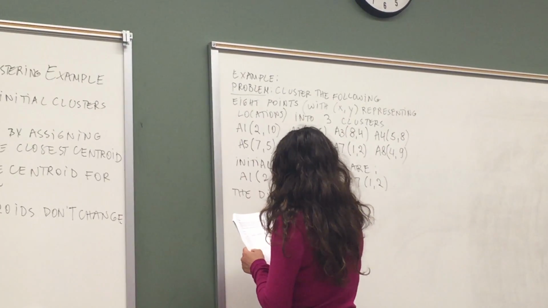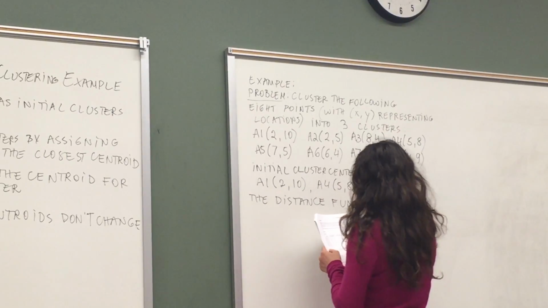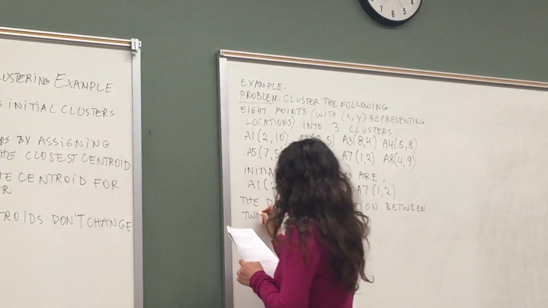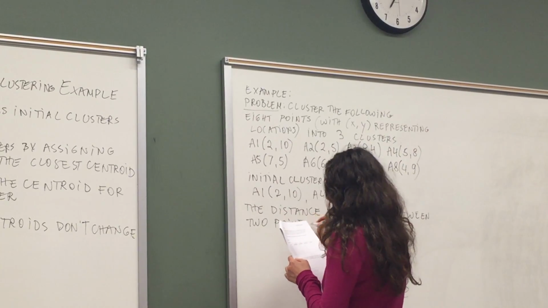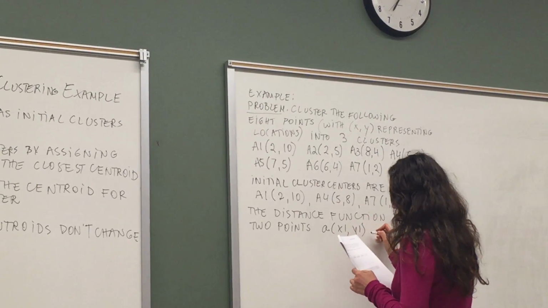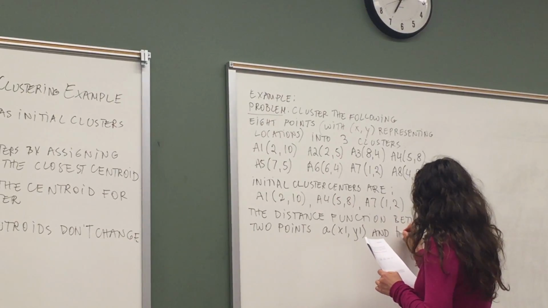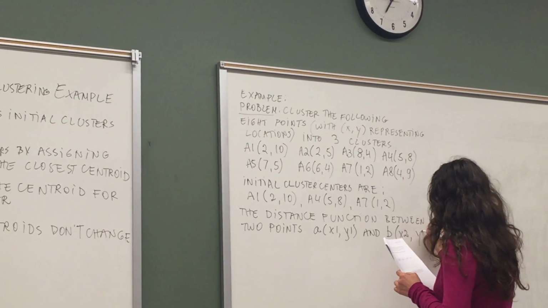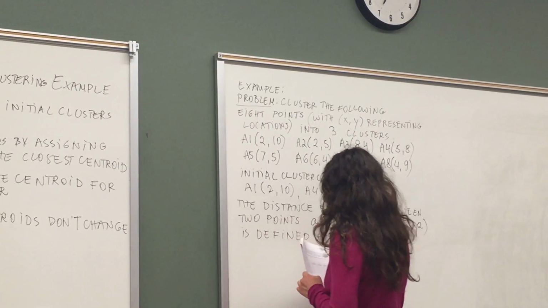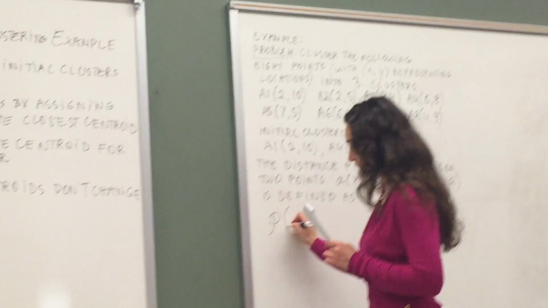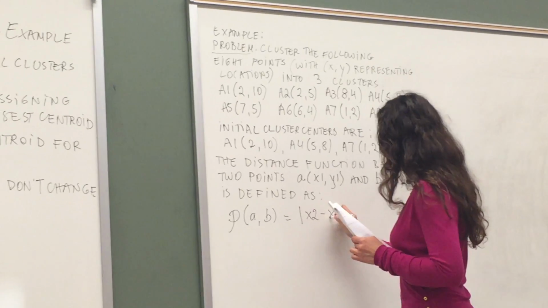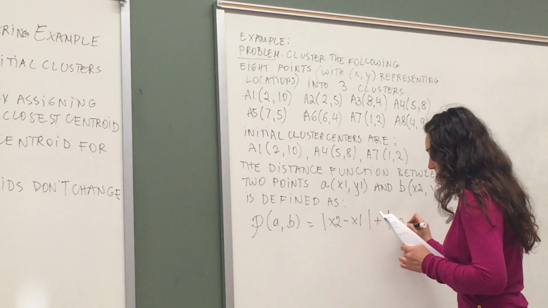So the distance function between points A with coordinates x1 and y1, and B with coordinates x2 and y2 is defined as distance rho between A and B equals absolute value of x2 minus x1 plus absolute value of y2 minus y1.